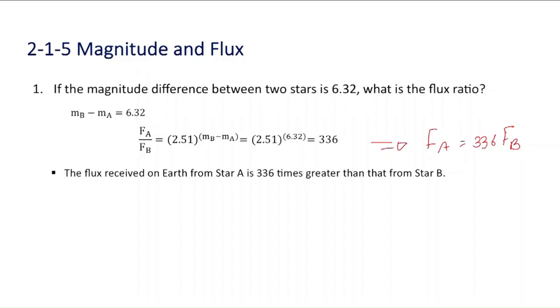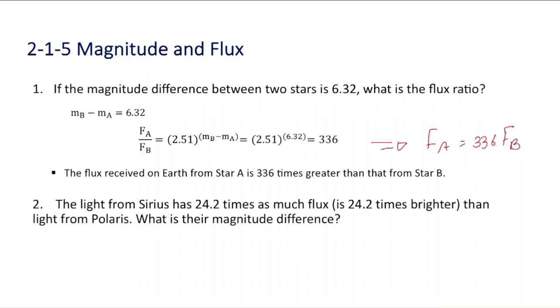So let's try another. If I tell you that Sirius shines 24.2 times brighter, or has 24.2 times as much flux, than Polaris, then what is their magnitude difference? So now you are asked to find the magnitude difference, which is Mb minus Ma, right?